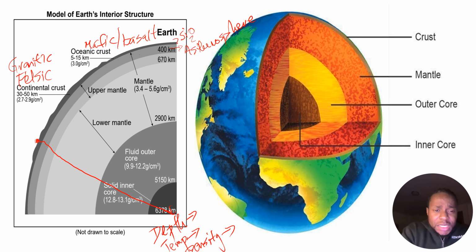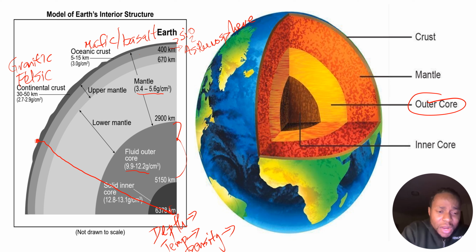So let's look at the density of the mantle, for example. The density of the mantle is 3.7 to 5.6 grams per cm cubed. That is denser than the oceanic crust, and the oceanic crust is denser than the continental crust. Then as you go to the outer core, which is this region here, it has a density of 9.9 to 12.2 grams per cm cubed. Again, that's a higher density.